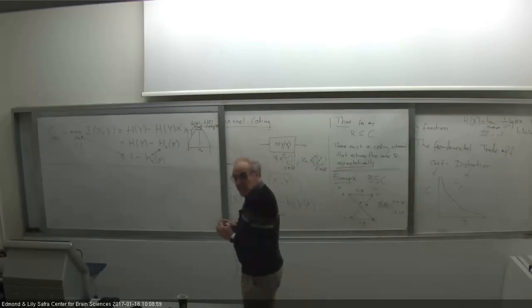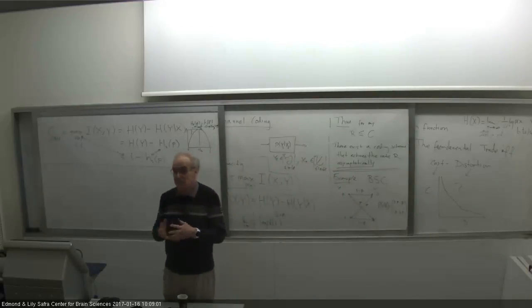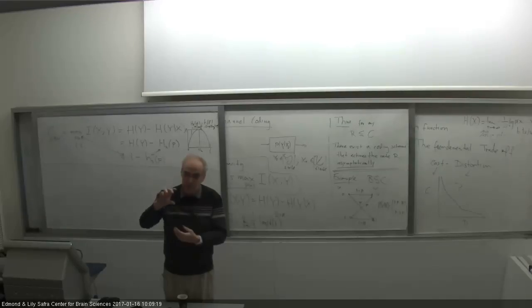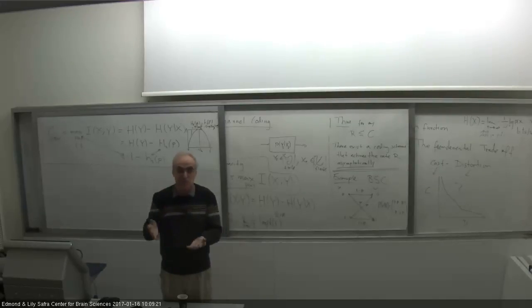So in order to digitize my continuous time voice, I need to sample it at twice the maximum frequency, which is 10 kilohertz, 10,000 times per second. And actually, I can discretize also the amplitude. For example, I can represent it by 10 bits, which means 1,000 levels of amplitude.